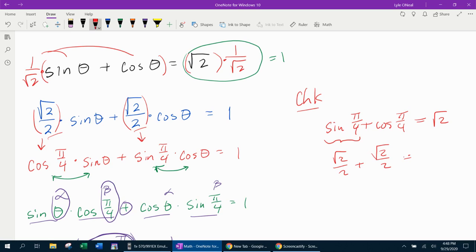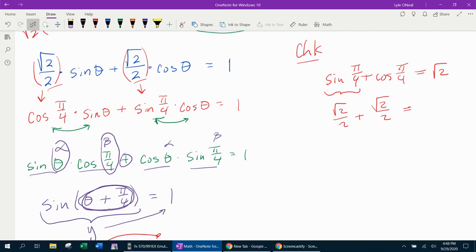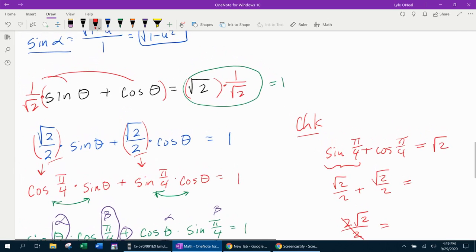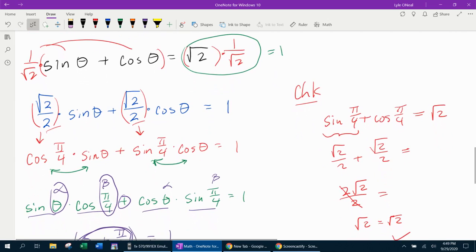And since those fractions have a common denominator, I can add those and get 2 square root of 2 over 2. And then these 2's will cancel, and it checks out.